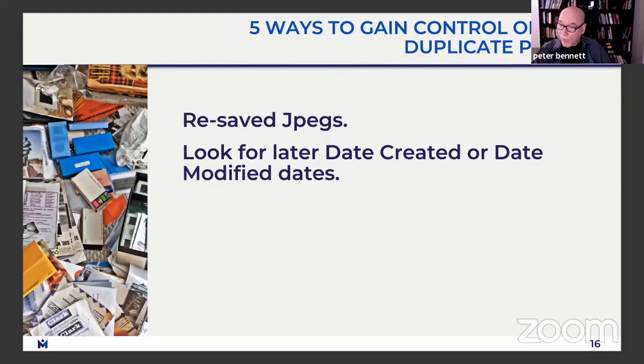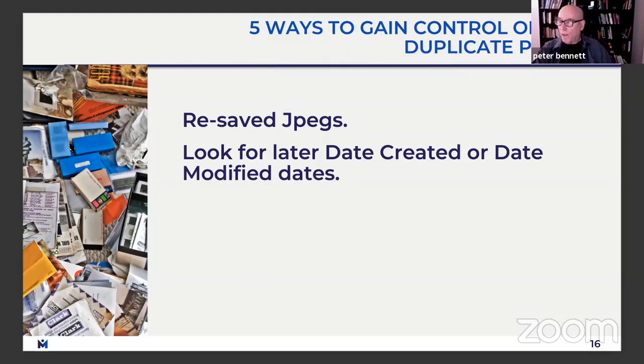The pixels are tiny squares of color that make up the image, thousands and thousands of them, and it gets rid of the ones it doesn't think it needs. Each time you resave or export that JPEG file, you're throwing more pixel information away, and that starts to degrade the image, which is called pixelated. I'll show you an example in a second.